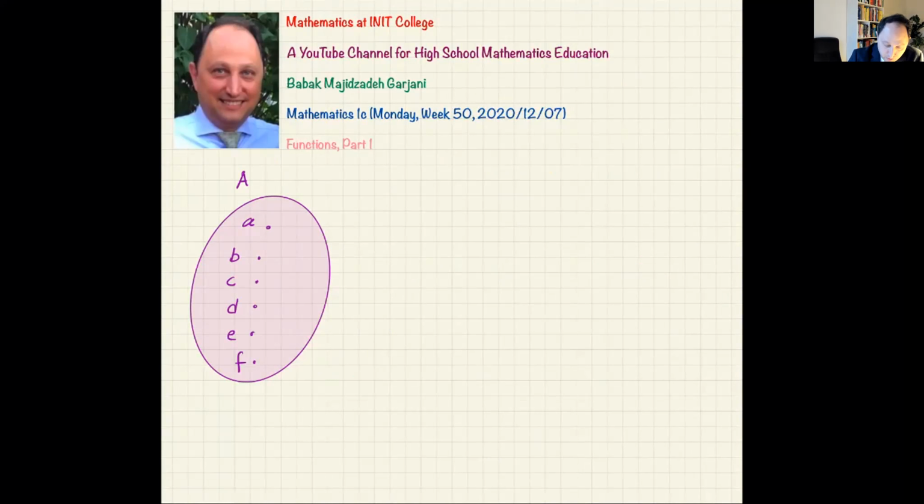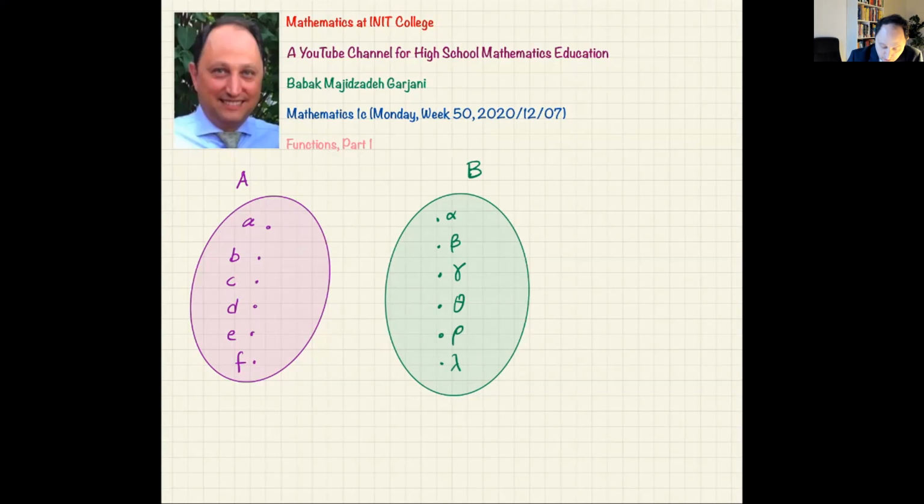And then let me go to the next collection containing, for example, let me choose Greek letters here. So alpha, beta, gamma, theta, rho, lambda, and let me put another one, sigma. Okay, so now let me draw some arrows to represent a function for you.